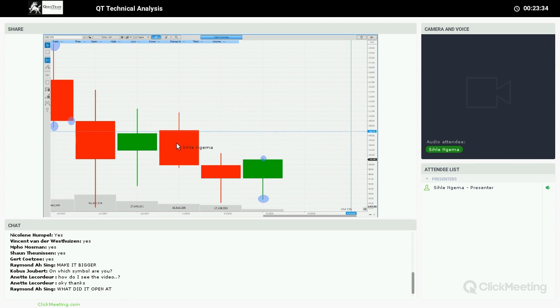Meaning that if I have a red candlestick like this one here for the month of January 2018, the candlestick's color is red. That means that the opening price is on the side of the highest price identified by this upper spike. So on the edge of the body of this candlestick, this is where the opening price is at.